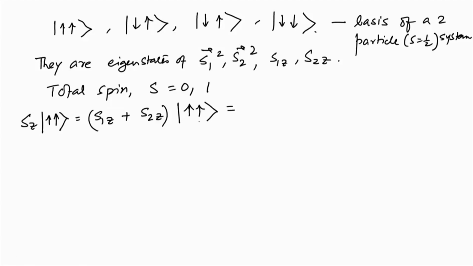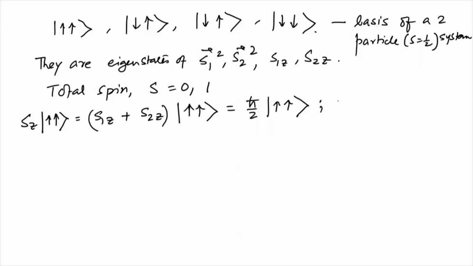So, this will give me ħ/2 for each one of them, and I will get ħ times the up up state. As we have said, these are eigenstates of these operators, so I get an eigenvalue equation: Sz acting on up up gives ħ as the eigenvalue and returns the up up state as well.